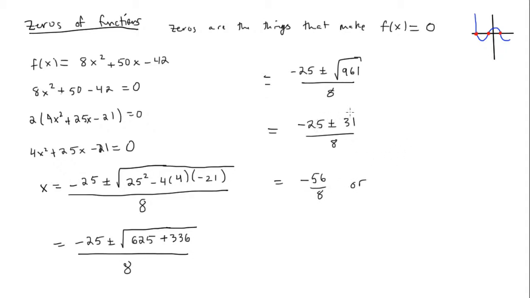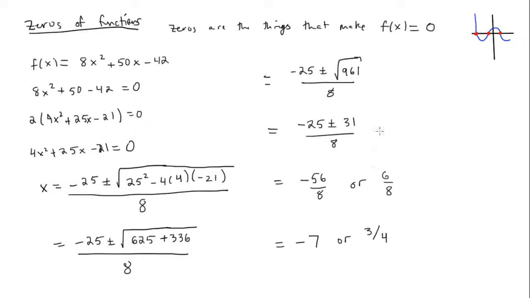Or if we add instead, we'll get positive 6 over 8. Then we can cancel these fractions, so 56 over 8 is negative 7. And let's reduce this one by 2, so that's 3/4.